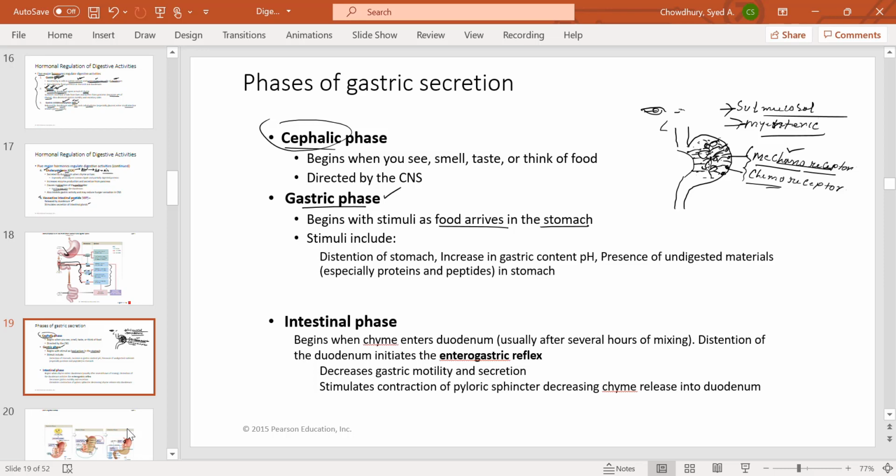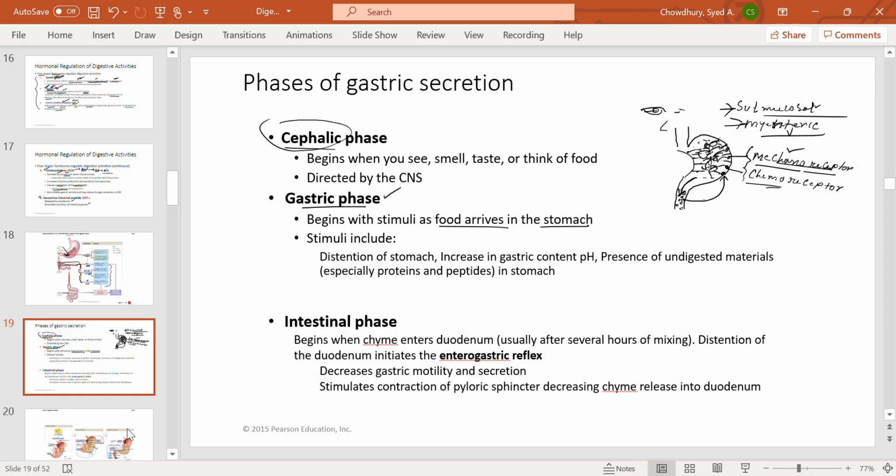And then another phase is called intestinal phase. This one happens when the foodstuff or chyme enters into the small intestine, that is the duodenum, first part of small intestine. That would secrete the hormones, and those hormones will go to the wall to stimulate the nerve plexuses, muscles and glands.